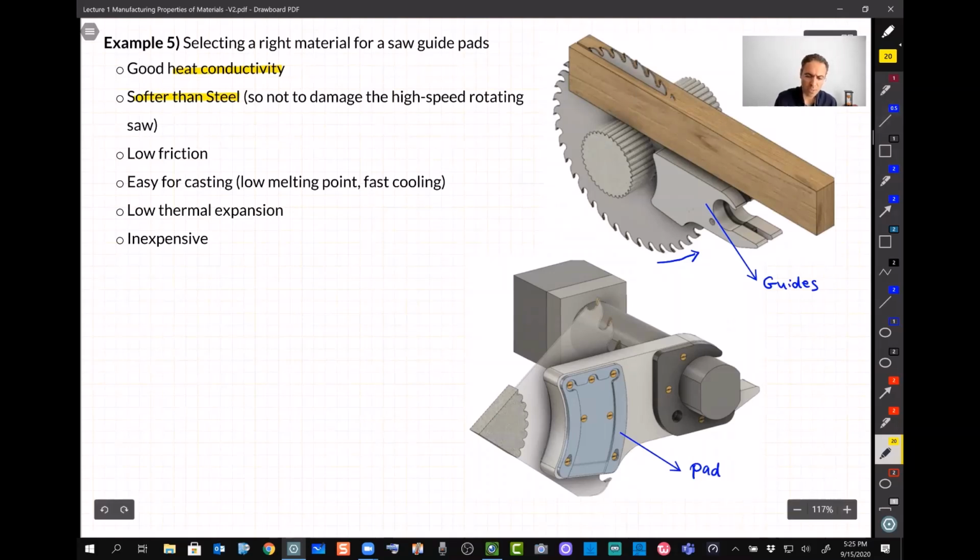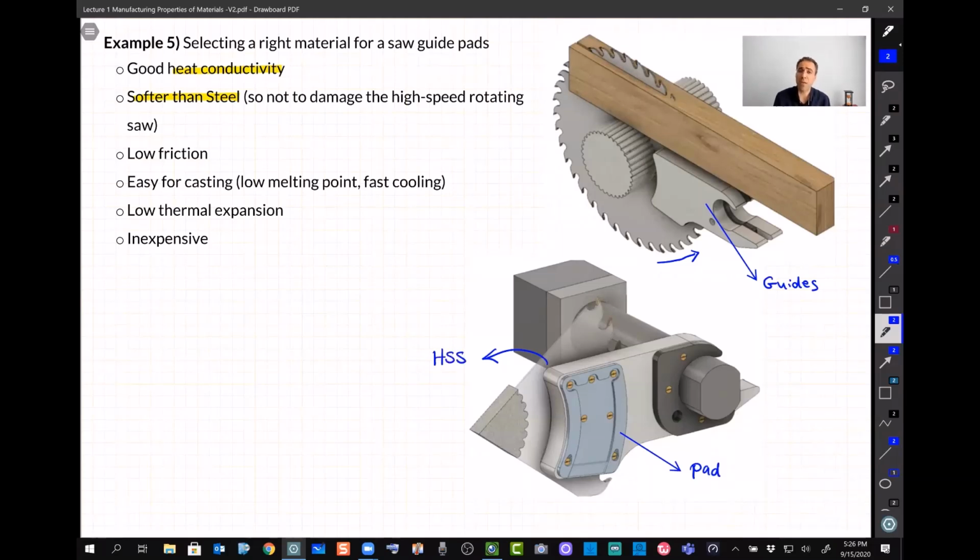So the saw is made out of steel, right? This is a saw made out of high-speed steel, and it's a very hard material. So you can imagine if for this bearing we use a very hard material, then due to vibration, our saw is going to get damaged. So we want something softer than steel.